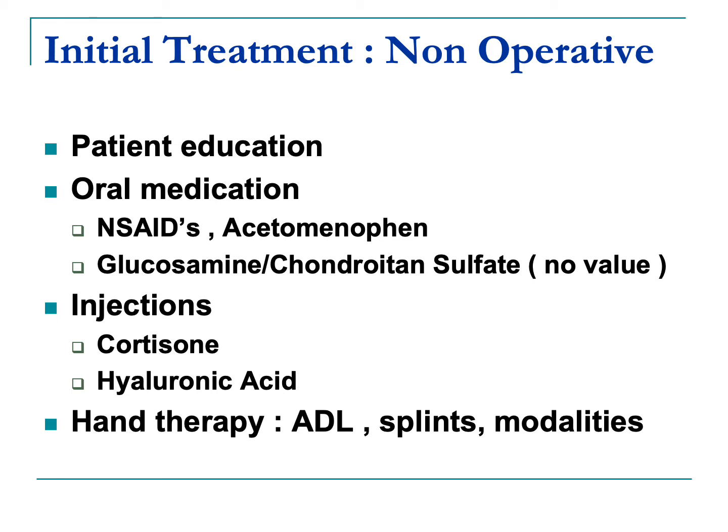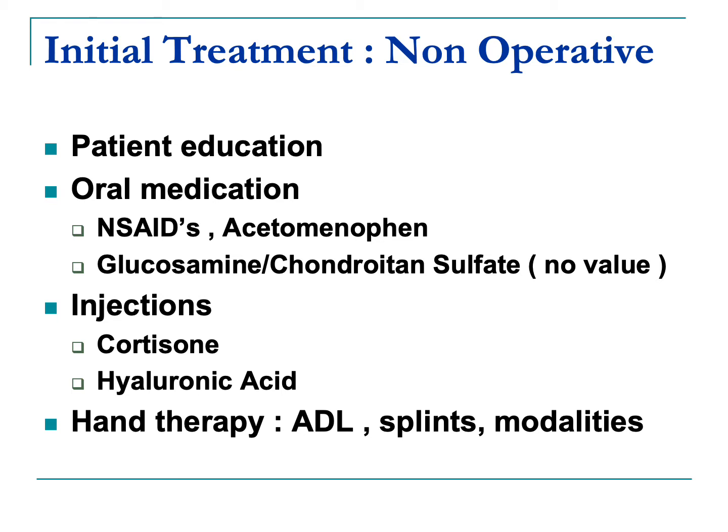Regardless of the cause of the osteoarthritis, whether it's affecting the wrist or the digits, it's important to inform the patient as to the reason for their disability. As far as treatment is concerned, most of these patients can be treated non-surgically with oral medication, whether it's NSAIDs or acetaminophen for pain relief.